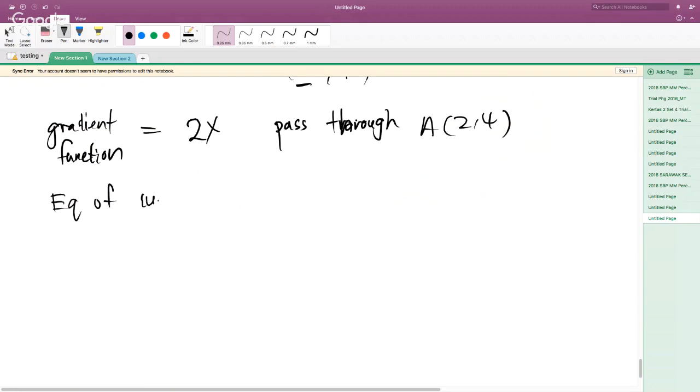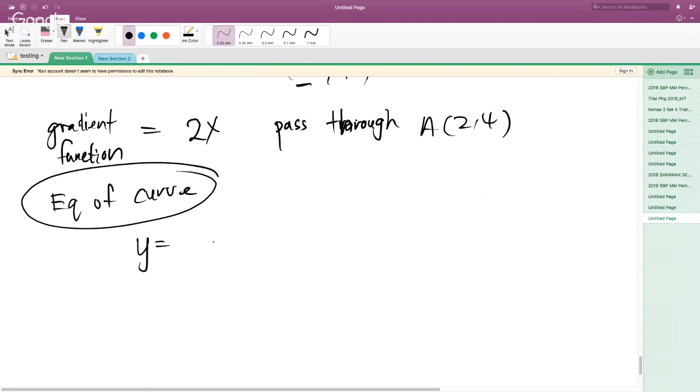One of the very important features of the gradient function is to help you find the equation of the curve. To find the equation of the curve, you will need to integrate dy/dx, and the gradient function itself is dy/dx.